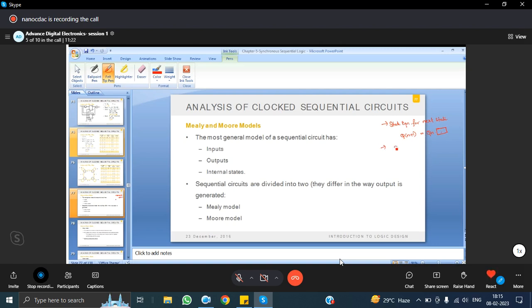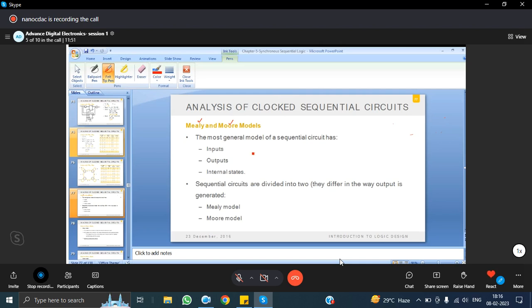Next thing is you will write the state table. Next, state diagram. So this way you will do the analysis of a sequential circuit. Okay. So while doing the analysis of any sequential circuit, we can either go for the Mealy model or we can go for the Moore model.